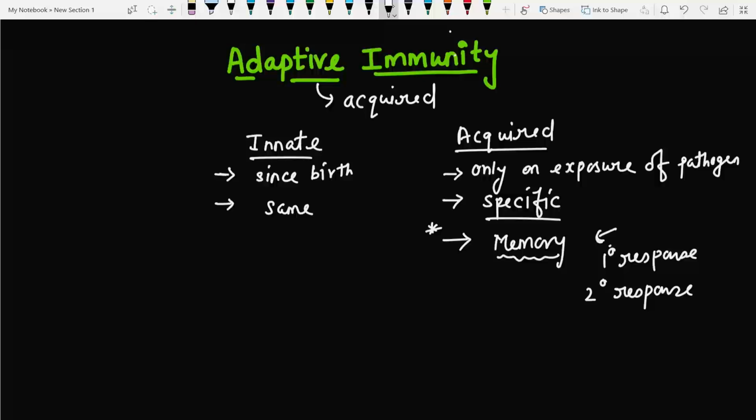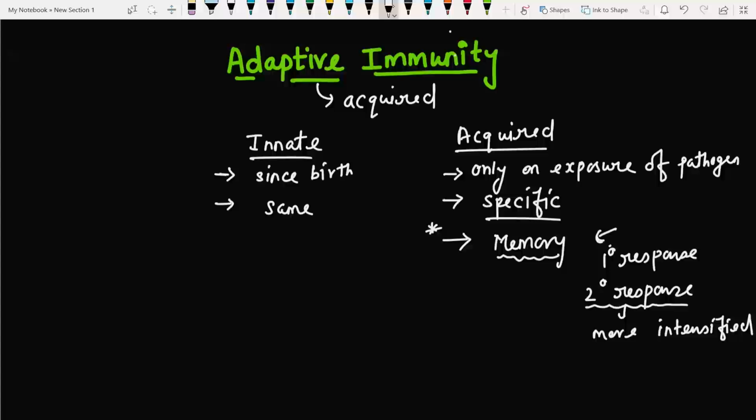So of course there is a difference in the primary and secondary response. The primary response is slower because our acquired immunity takes time to get activated against that pathogen. But the second time the pathogen enters, our immunity has the storage, it has a memory for that. So this is a more intensified response.